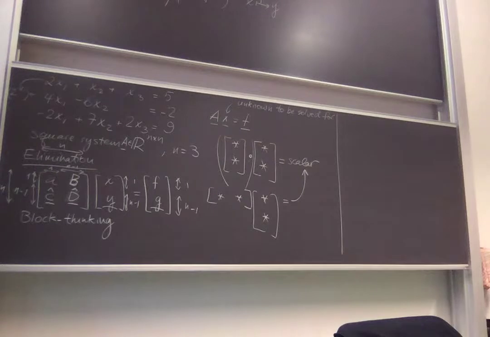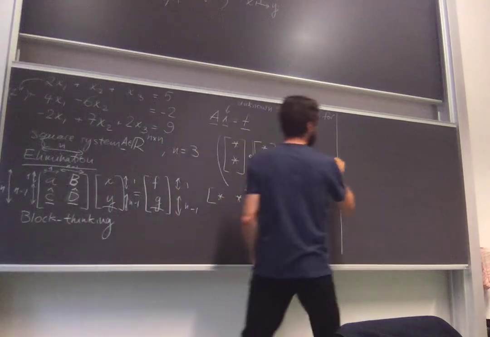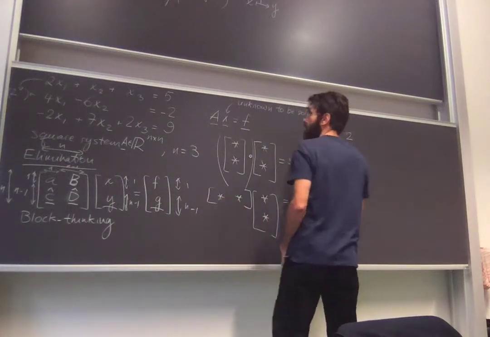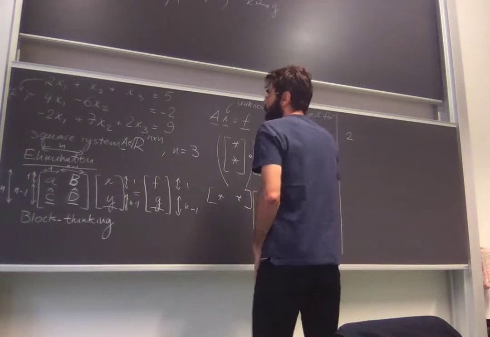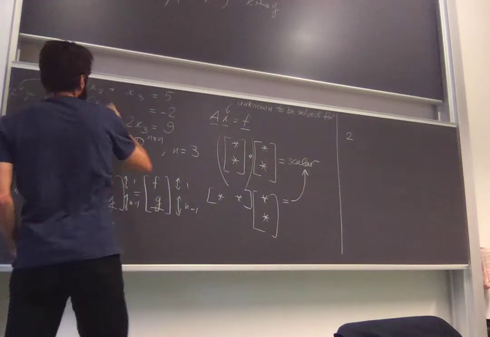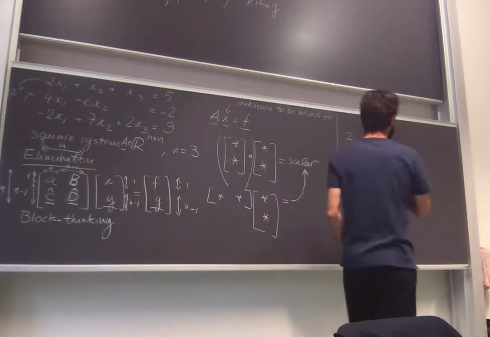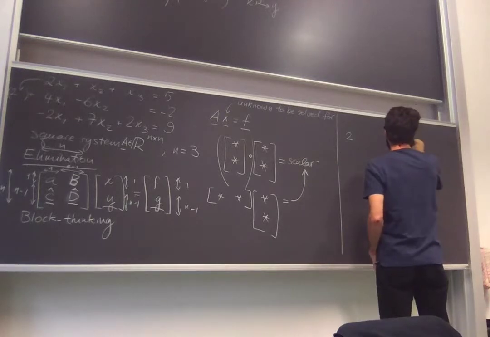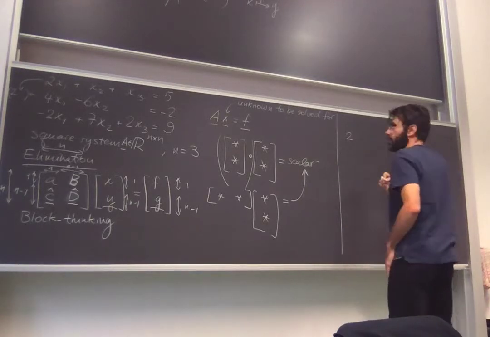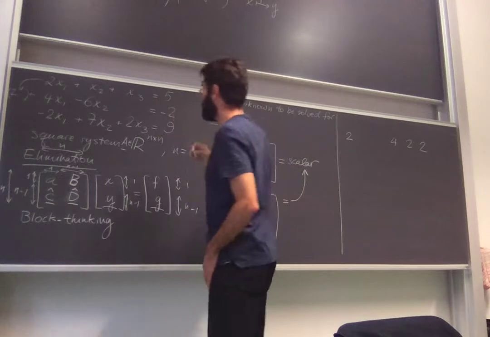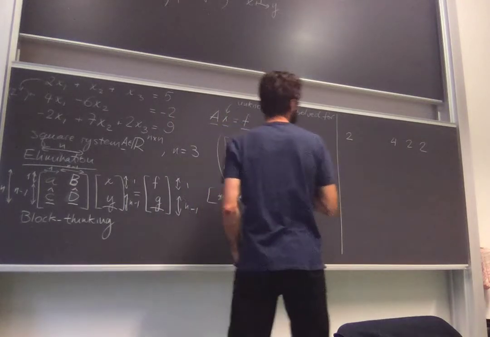So basically, I multiply this one here, I'm going to get a 4, 2, 2. Let me write down all this. So 2 is going to give me 4, 2, 2. And actually, it's also multiplying the 5, right?